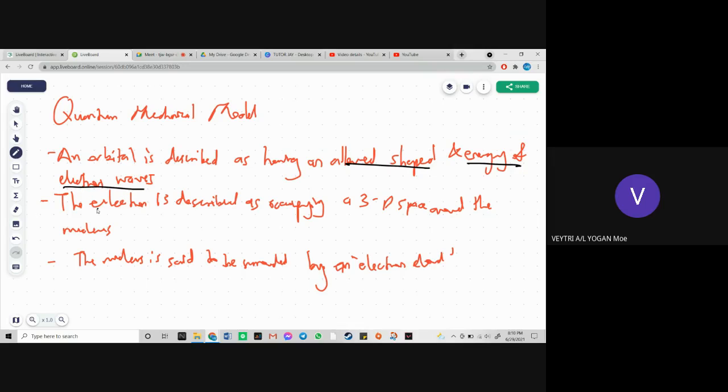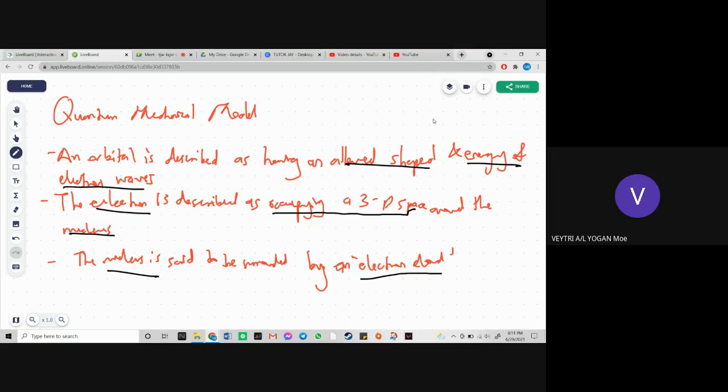Number two, the electron is described as occupying a 3D space around the nucleus. I repeat, the electron is described as occupying a 3D space around the nucleus. Number three, the nucleus is said to be surrounded by an electron cloud.